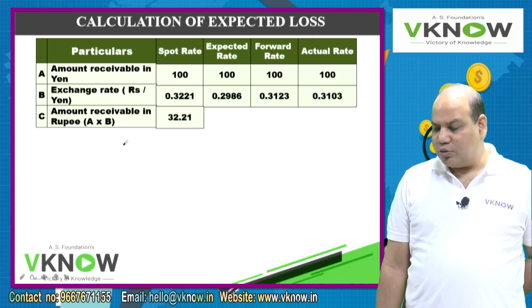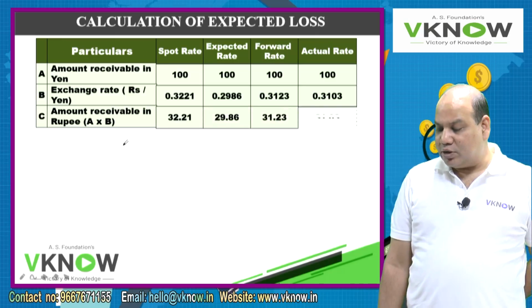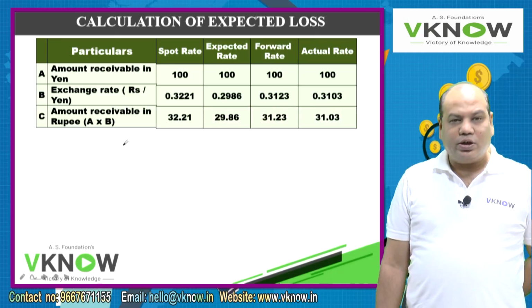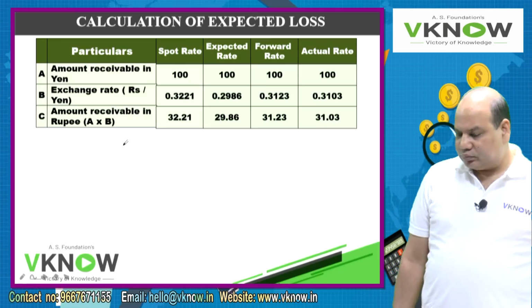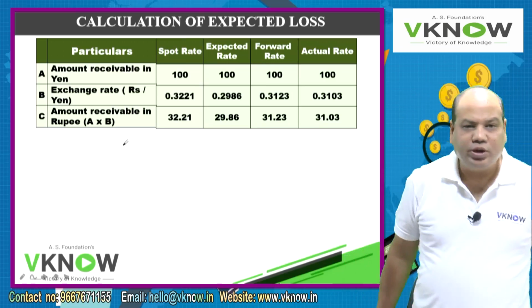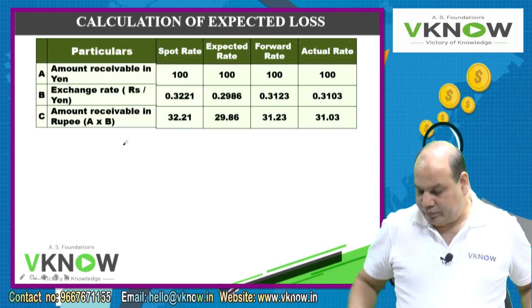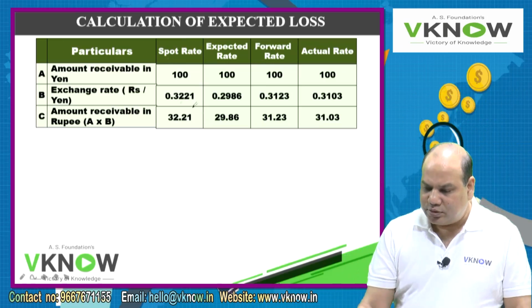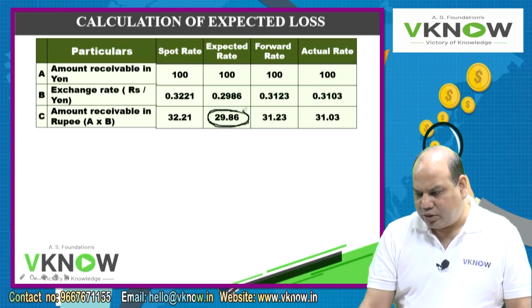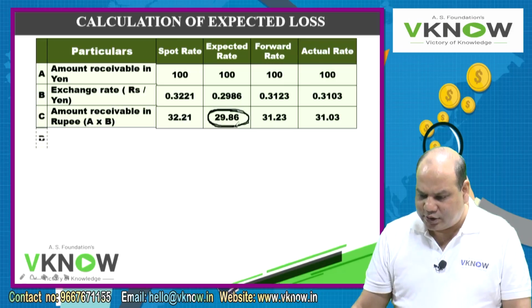32.21, calculation without calculator, 29.86, 31.23, 31.03. These are the amounts I will receive. At spot rate, I would have received 32.21, but because the payment will be received after 6 months and if I do not hedge, then my expected inflow will be 29.86.